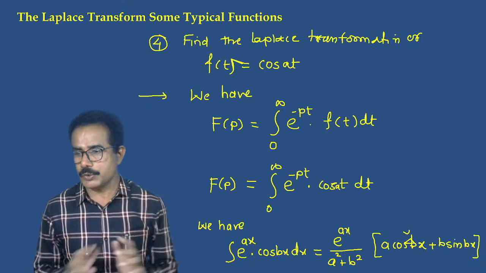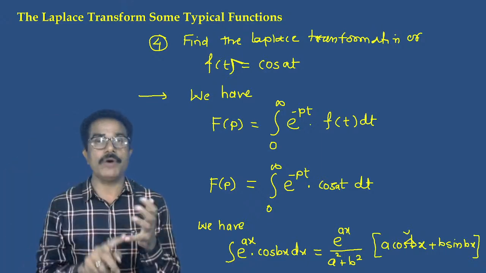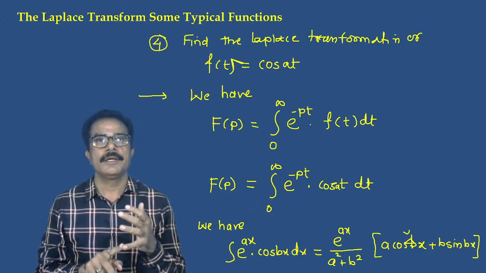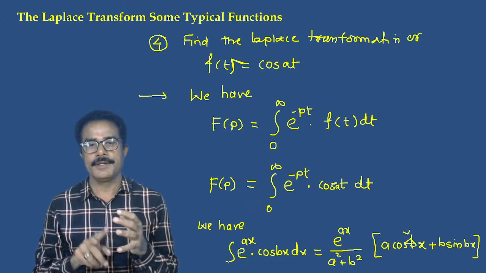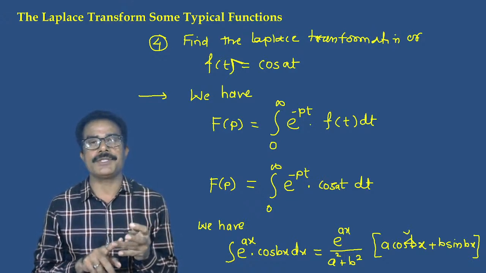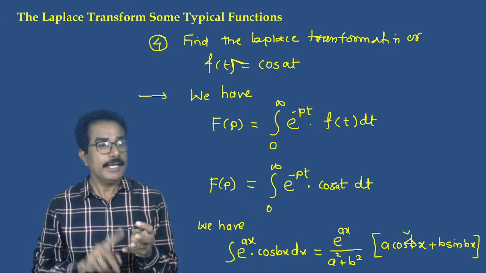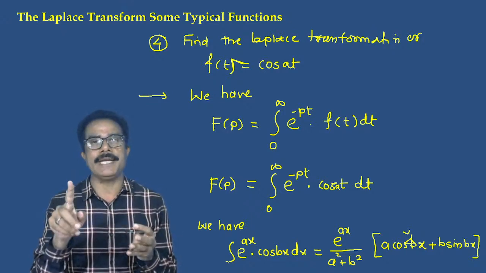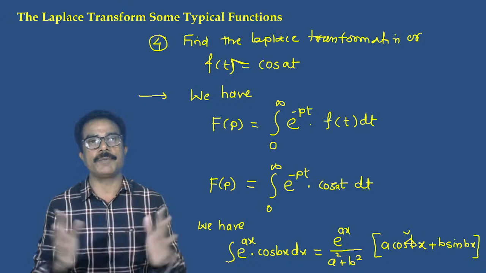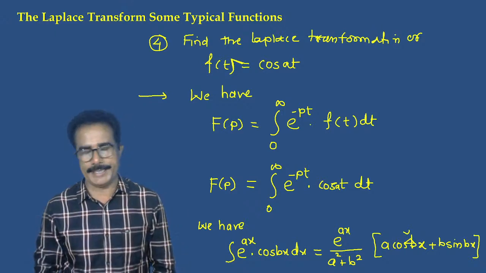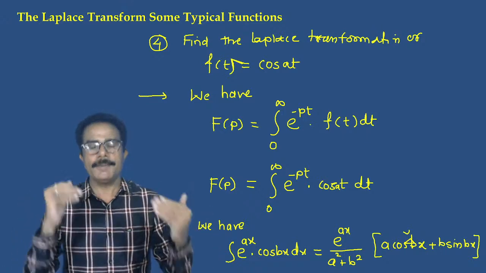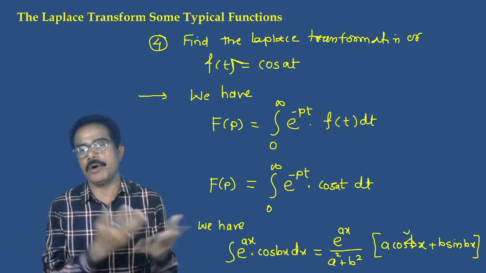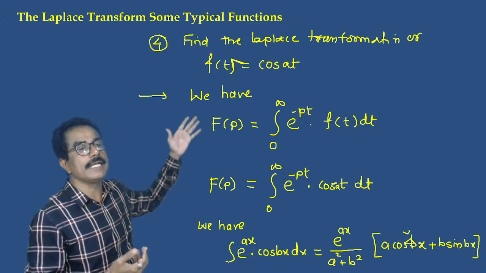That means here, students, up till now we have seen the Laplace transformation of e raised to at, the Laplace transformation of 1, the Laplace transformation of sin at, and the Laplace transformation of cos at.